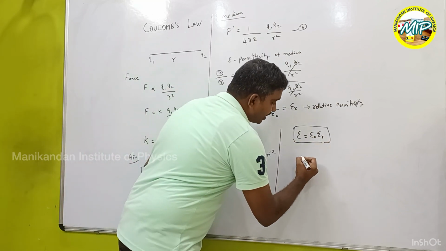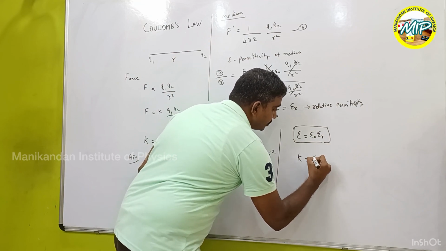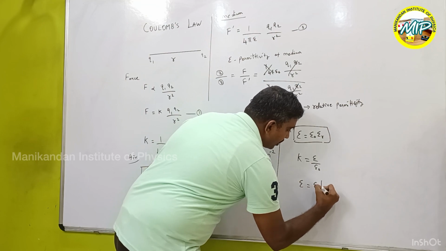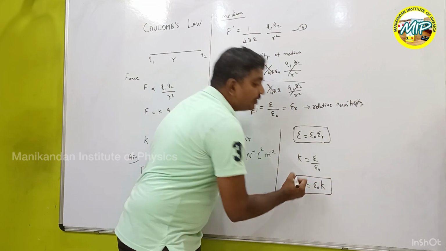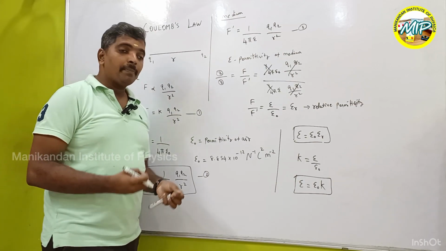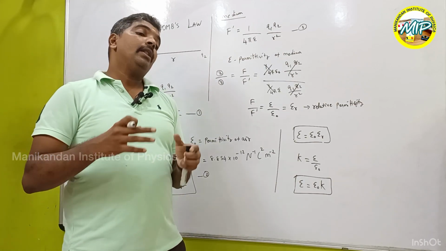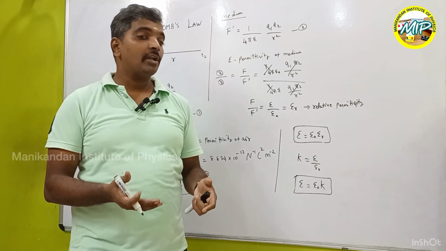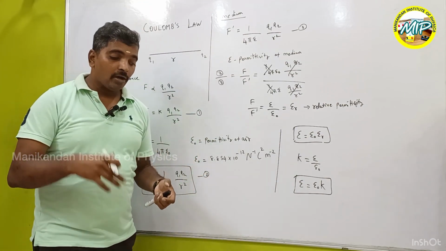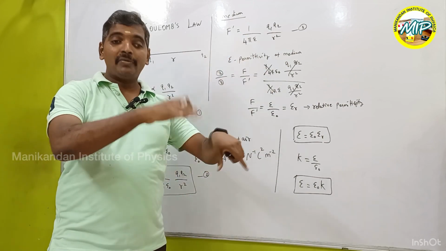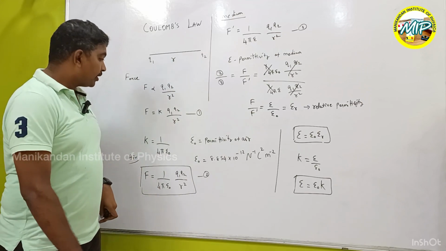So sometimes you can simply say K equals epsilon by epsilon naught, then epsilon equals epsilon naught times K. This is a very important concept while solving problems from the board exam point of view as well as the competitive exam point of view, whether you are going for JEE or NEET. This comparison between two mediums is very important.